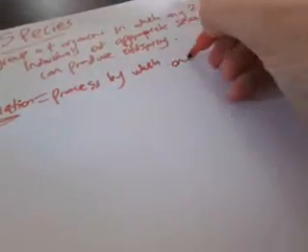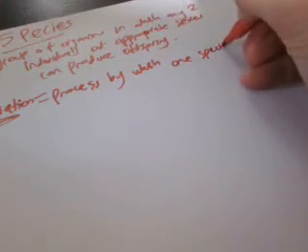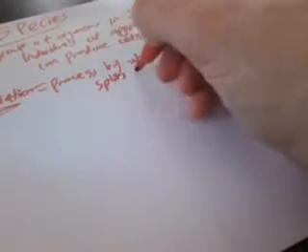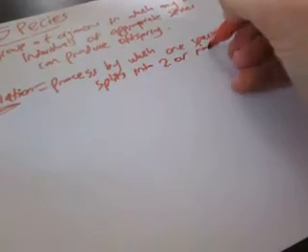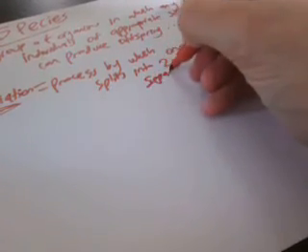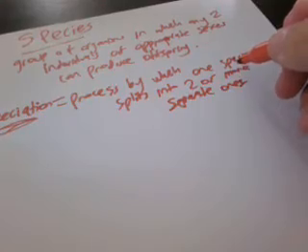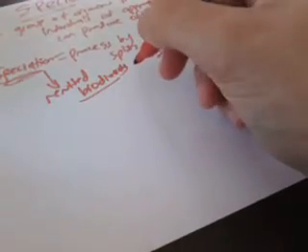Speciation is a word you should know as well. Speciation is the process by which one species splits into two or more separate ones. The splitting of a species. And speciation has resulted in what's called biodiversity. What's biodiversity?